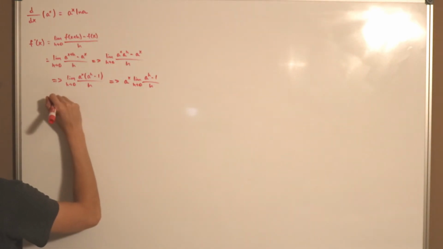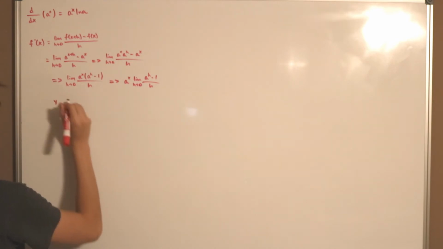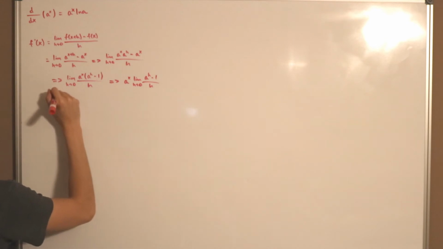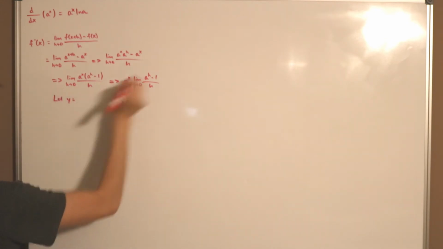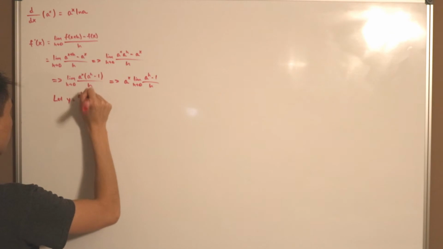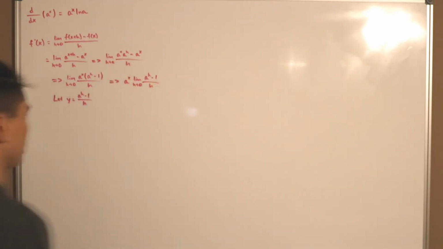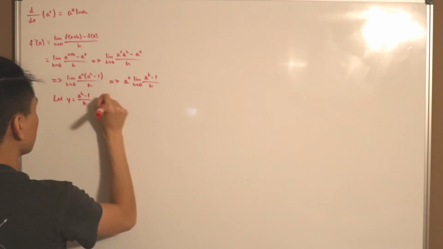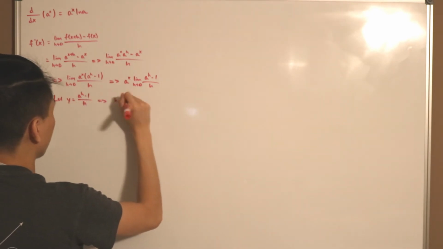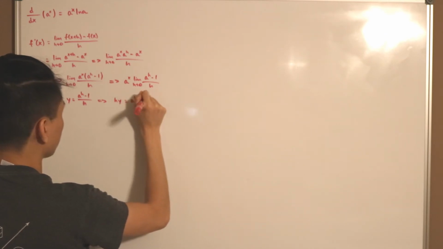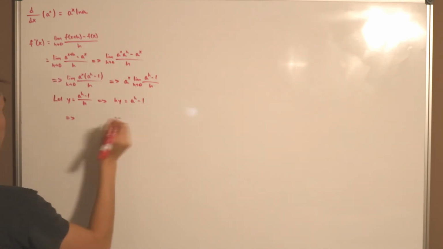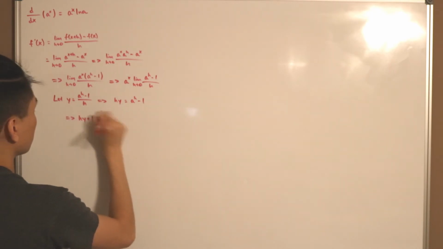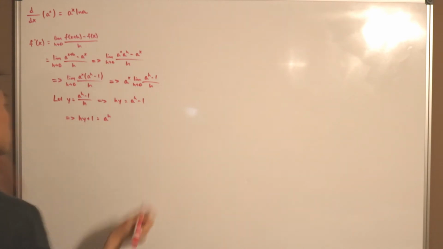So let's do that. Let y equal the whole function, a to the h minus 1 divided by h. Now let's multiply h to both sides, so h times y equals a to the h minus 1. Add 1 to both sides, so hy plus 1 equals a to the h.